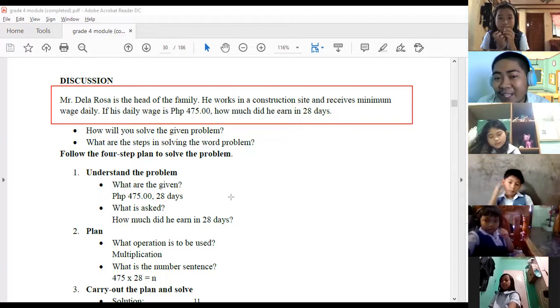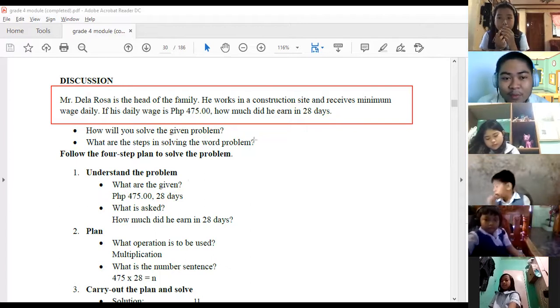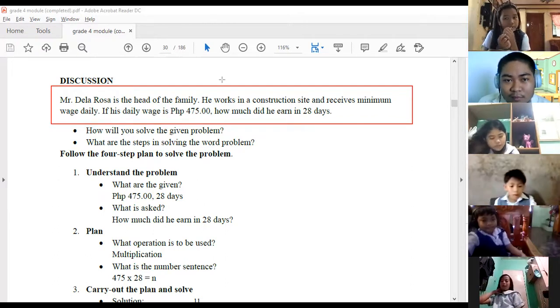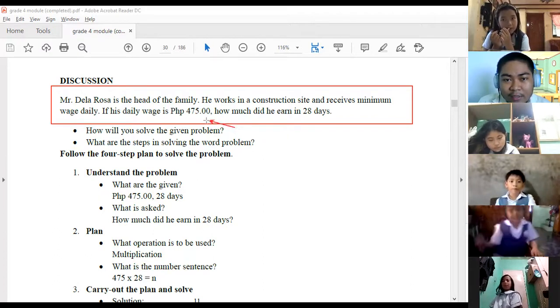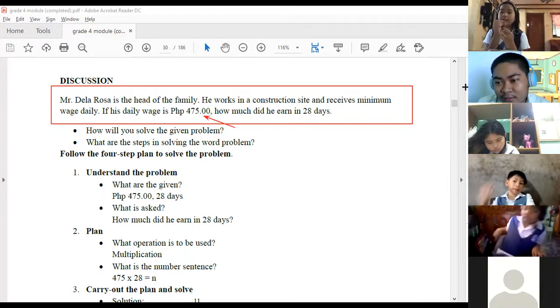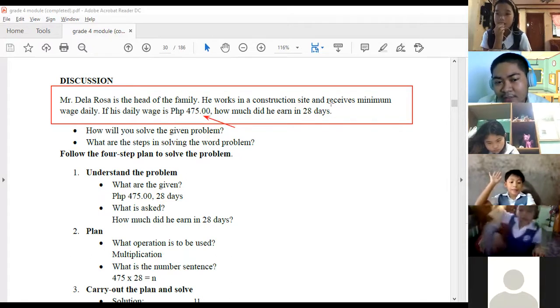So, what are the givens? Ano ba yung mga binigay? So, we have 475 and 28 days.